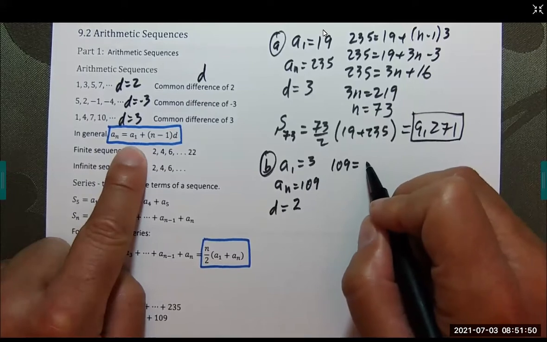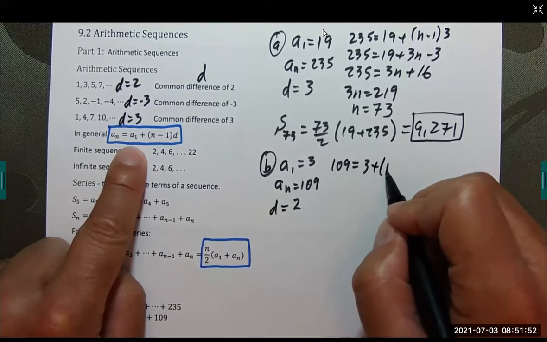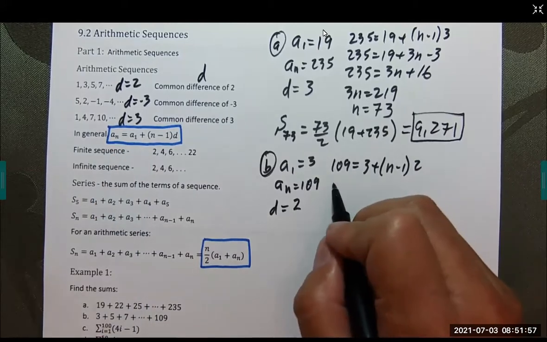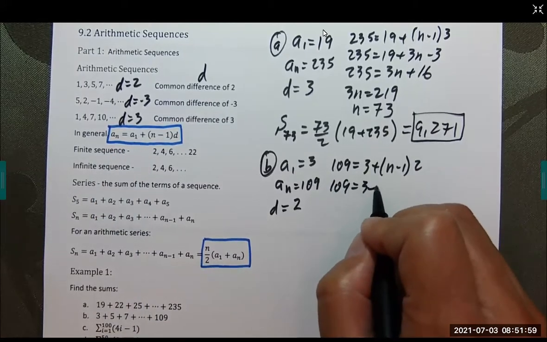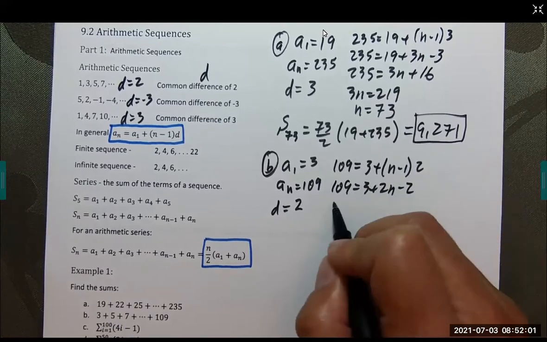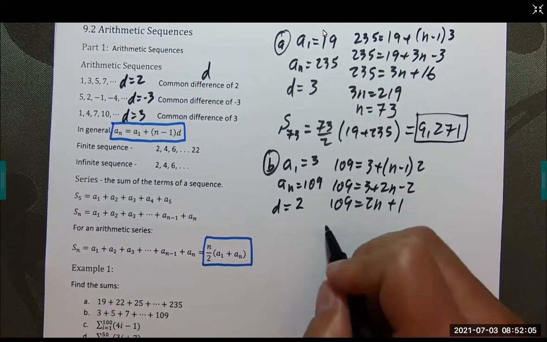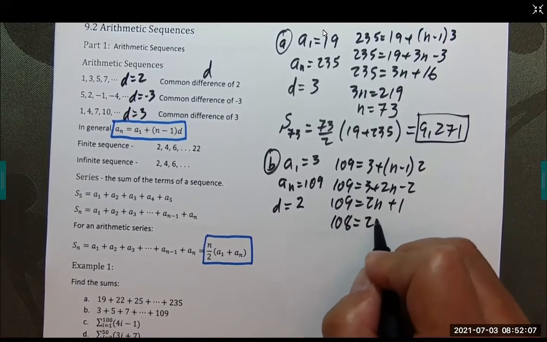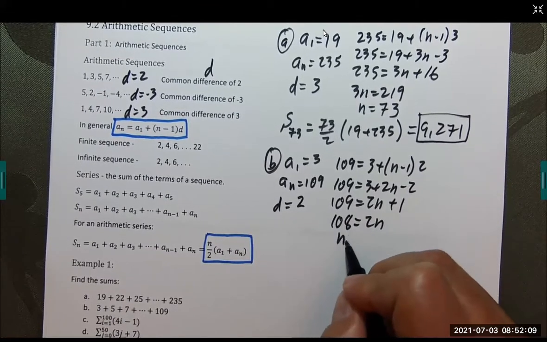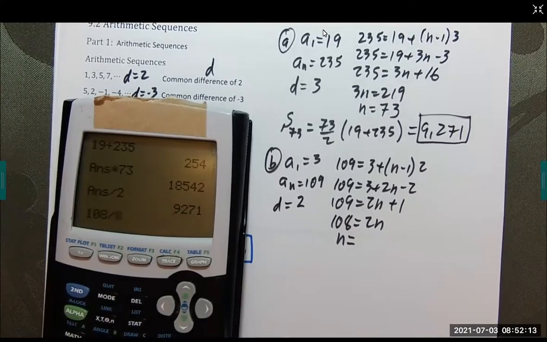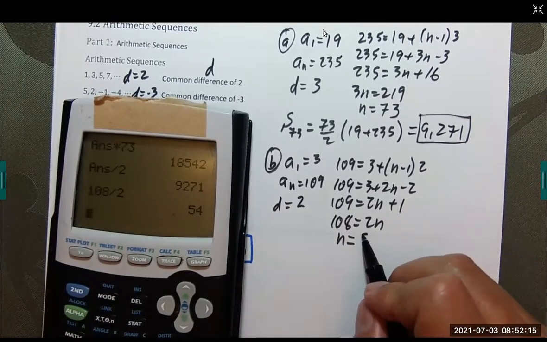A sub 1 is 3 plus n minus 1 times 2. Looks like n in this case is 54. 54 terms.